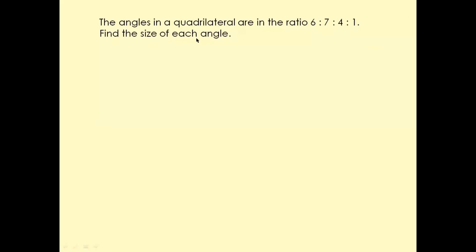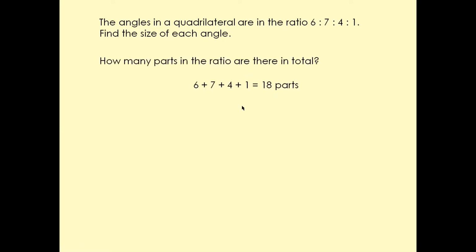Okay, so this is exactly the same question as what we just did in the previous slide. In this case, it's a quadrilateral instead of a triangle. So again, when you got ratio questions, the first step you have to do is add all the parts in a ratio. In this case, it's going to be 18 parts.